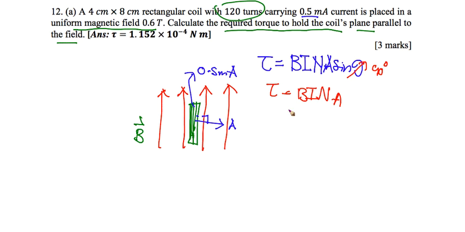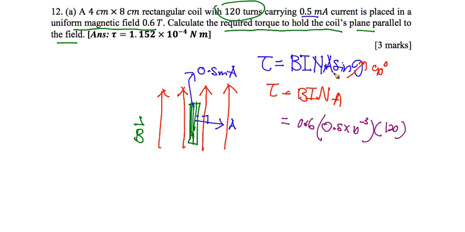Next, the magnitude of B given by the question is 0.3 Tesla, times the current flow 0.5 milliampere, which is 0.5 times 10 to the power of minus 3 ampere, and N, the number of turns, is 120.